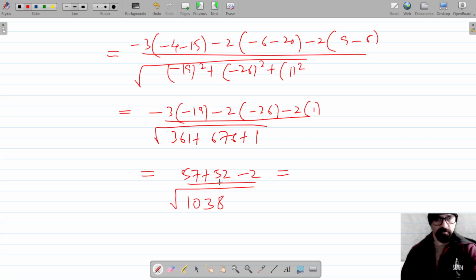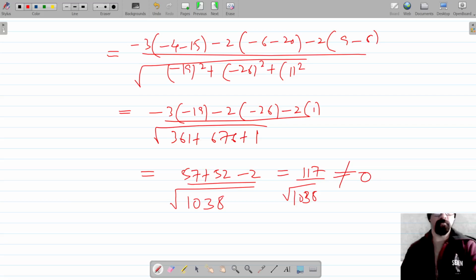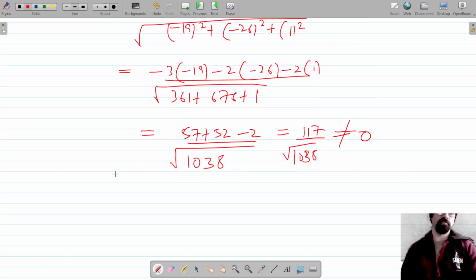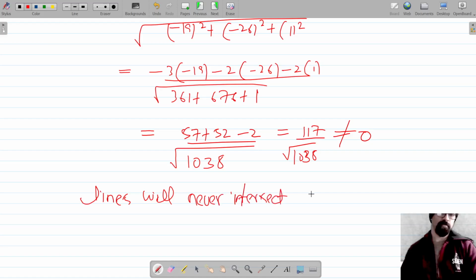So this is 107 upon root 1038, which is not equal to 0. So this is the distance. That means there is some distance between the lines, which is the shortest distance. So the lines will never intersect each other.